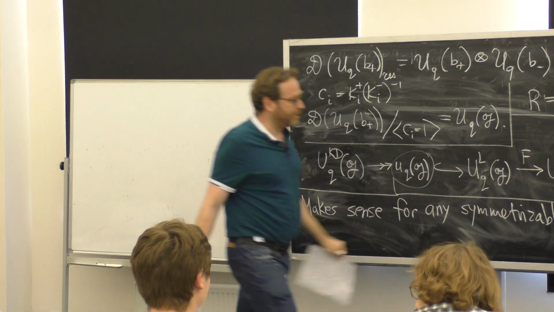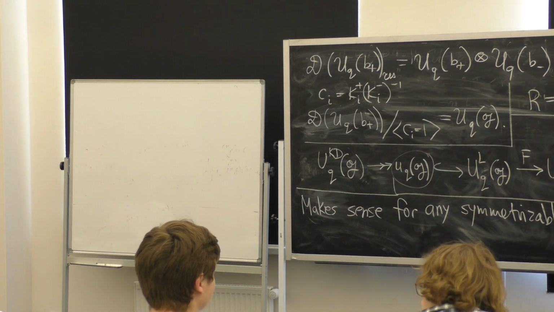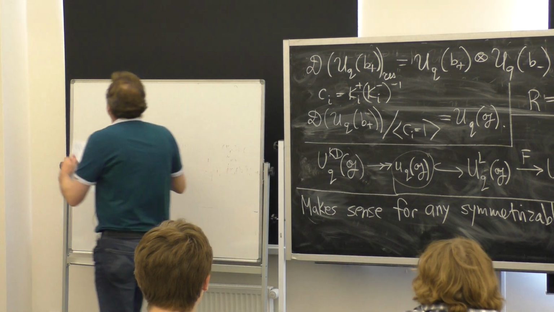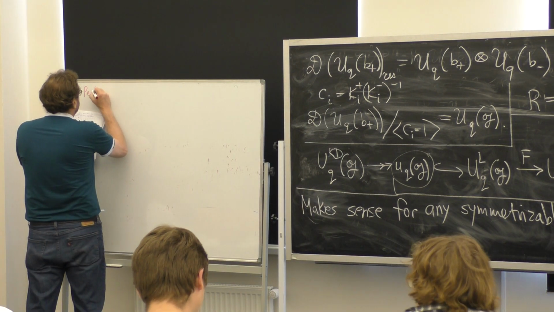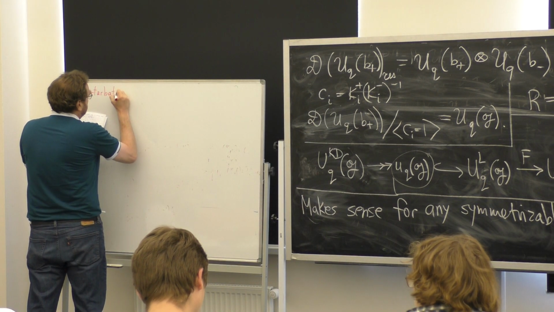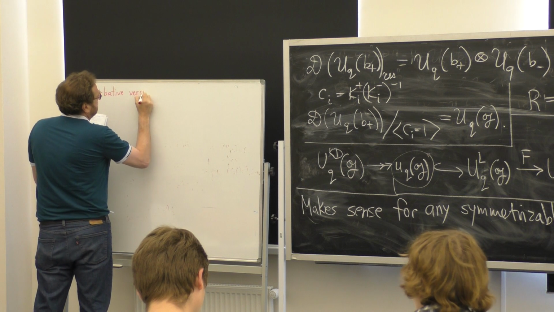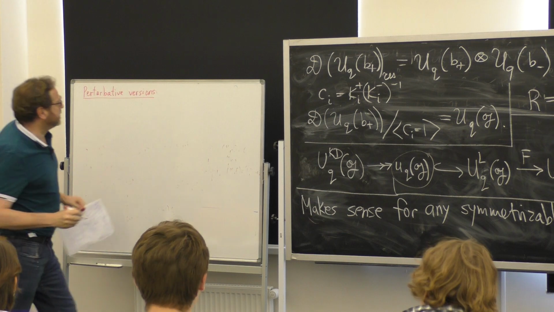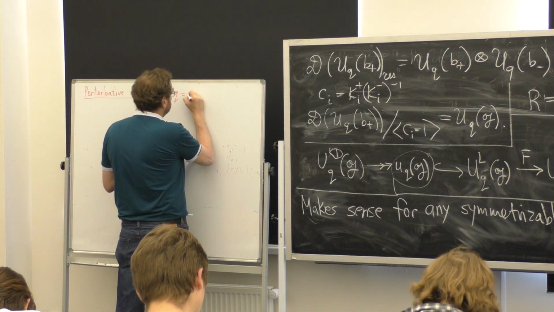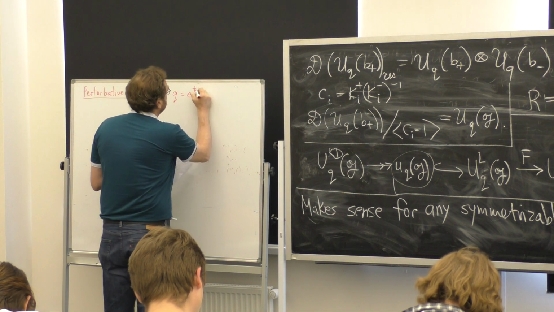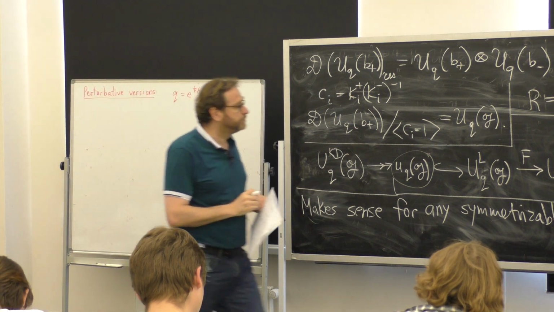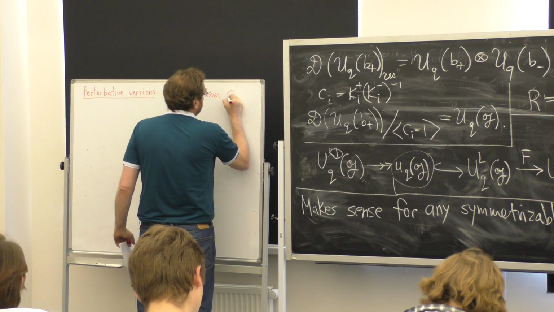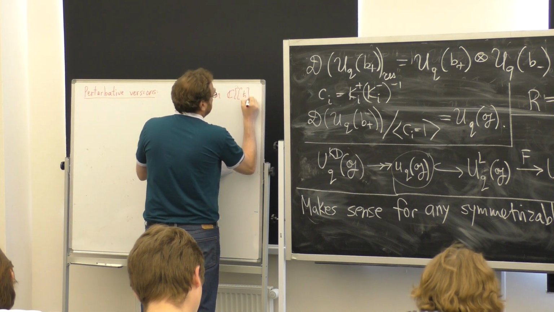And of course, the theory of quantum groups is not an exception. So, perturbative versions. Perturbative versions are just when you take q equals e to the h bar, or maybe e to the h bar over 2, and you work over the formal power series in h bar.